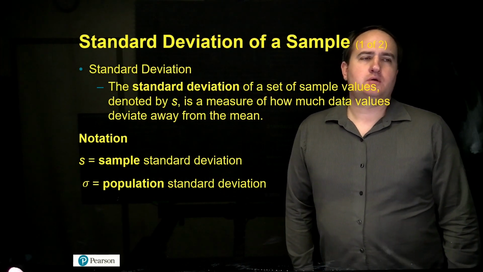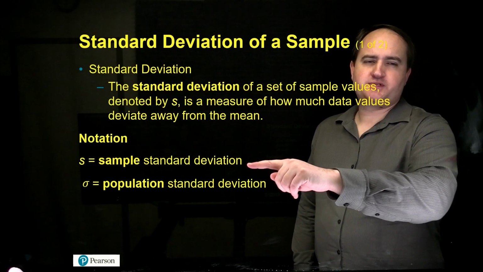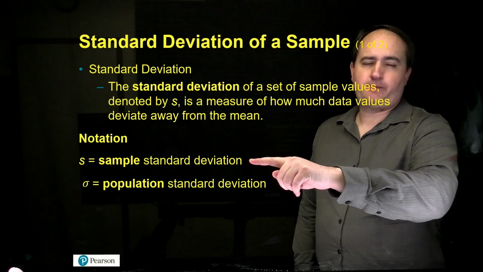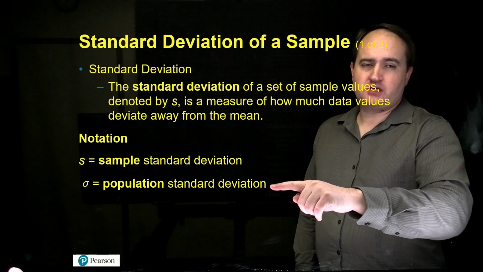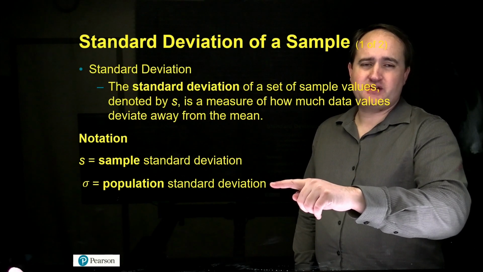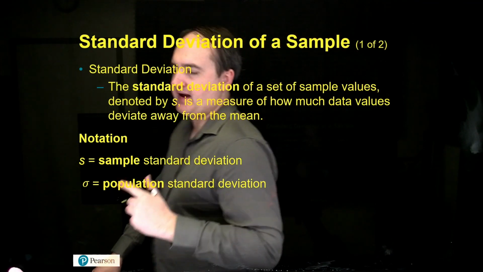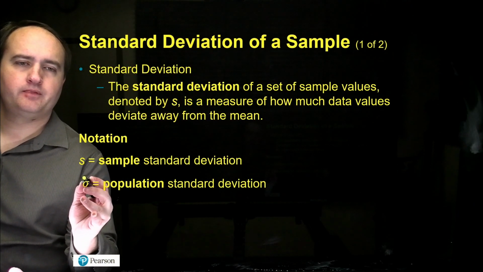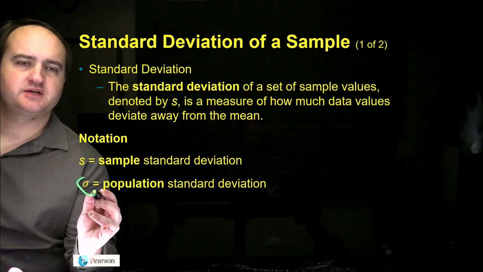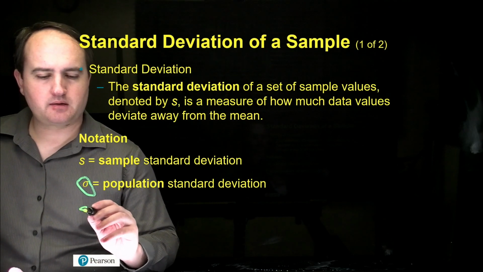Okay, and just so you know, we're going to be focusing on the sample standard deviation S, but we're also going to be mentioning the population standard deviation sigma. If you haven't seen this letter before, this is a Greek letter, called sigma.